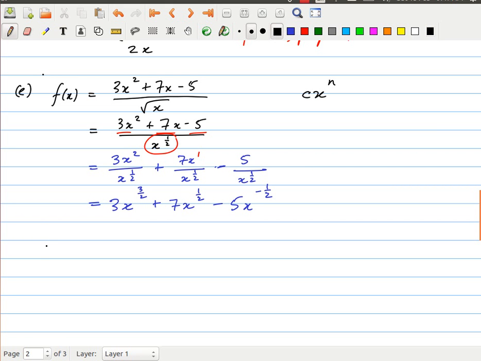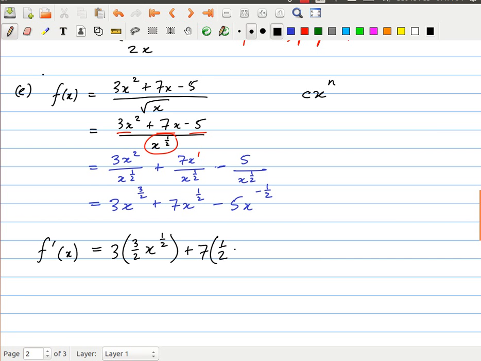So let's go ahead and do that. F prime of x is equal to, we take the 3 out, and we end up with 3 halves x to the exponent 3 halves minus 1/2, which is 1/2, plus 7, and then I take the derivative of this variable term.